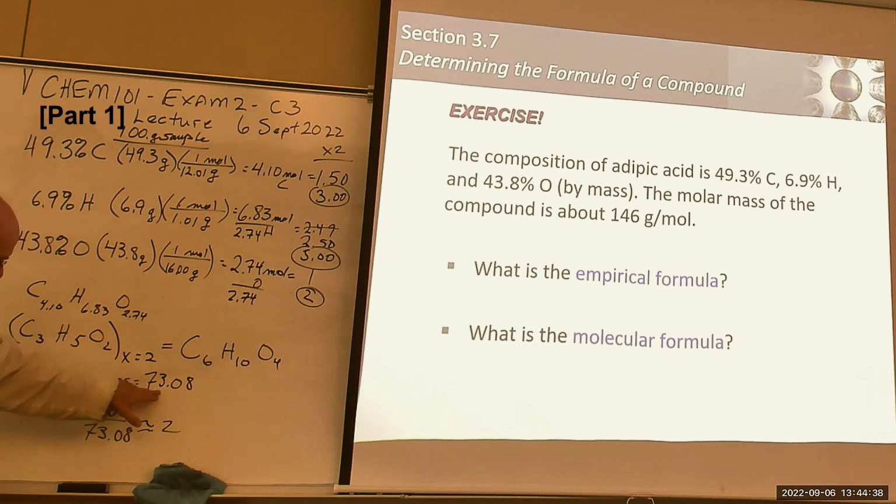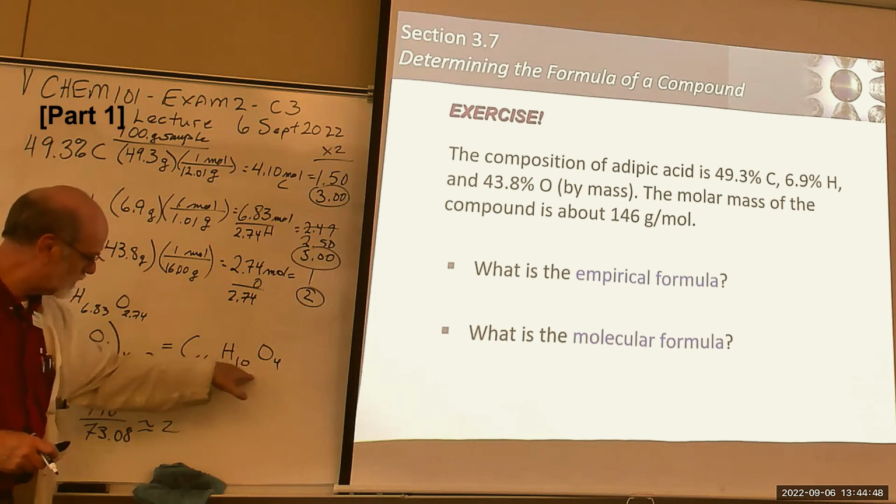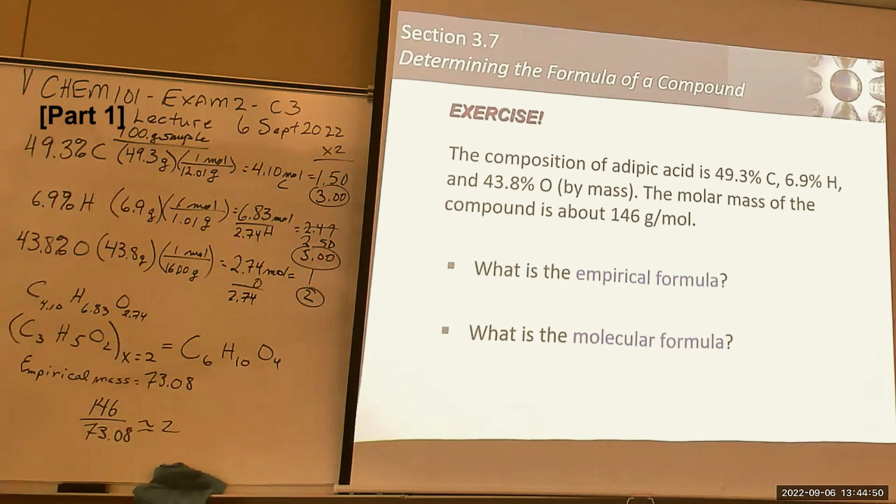Because this is the empirical mass of that formula unit, and this is the empirical mass of this one times a multiplier, which we determined to be there. So if you ratio the two, you get this value here.